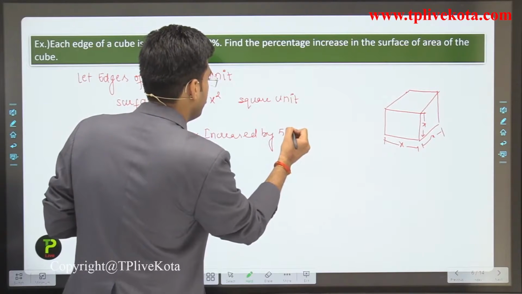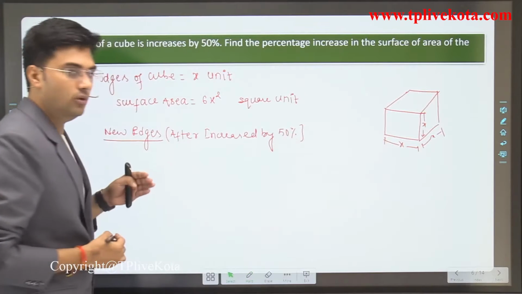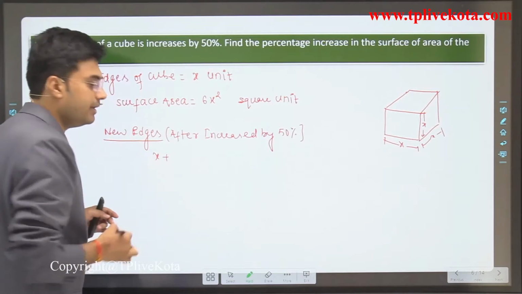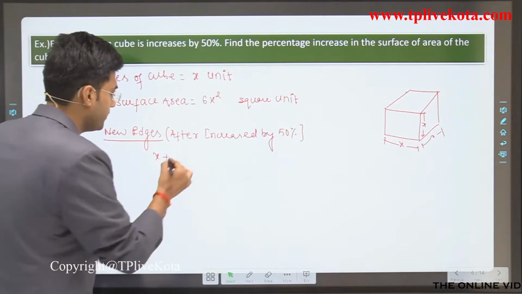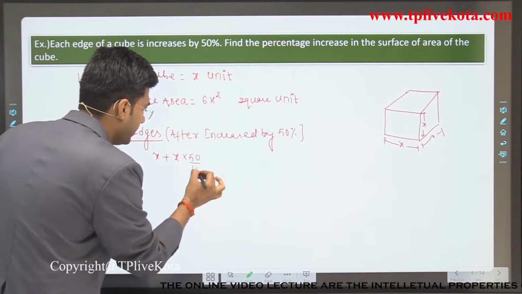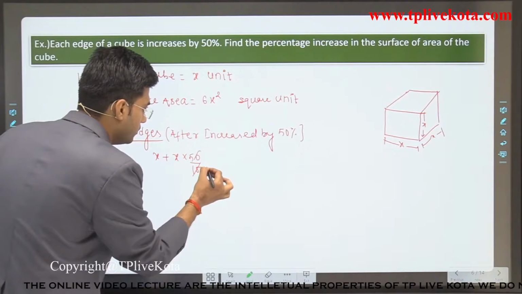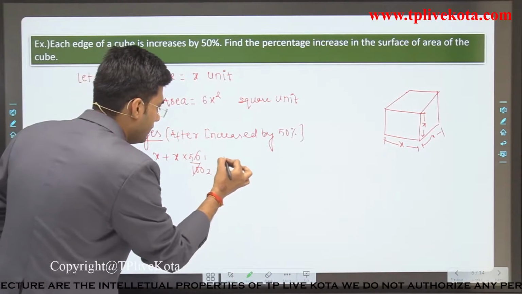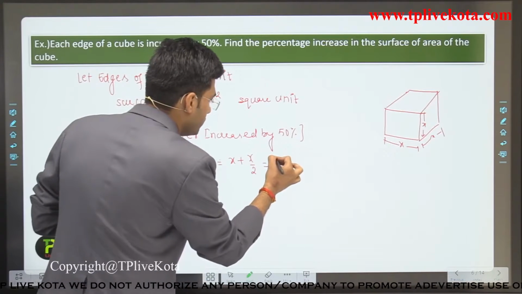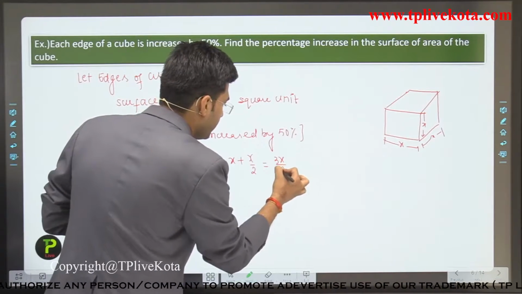Okay, so if edge is x, then after increment it becomes x plus 50% of x, so it is equal to x plus x by 2, that is equal to 3x by 2.